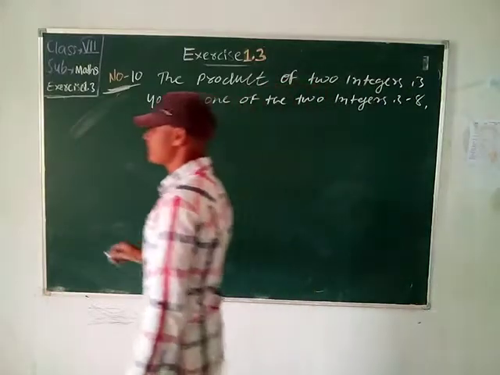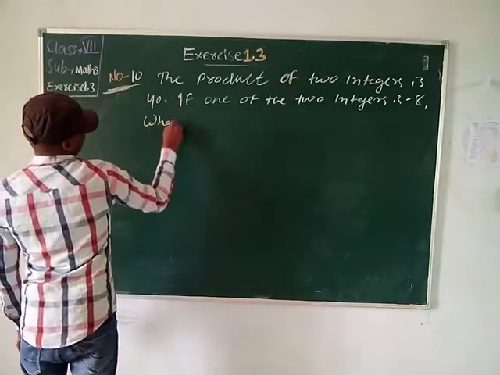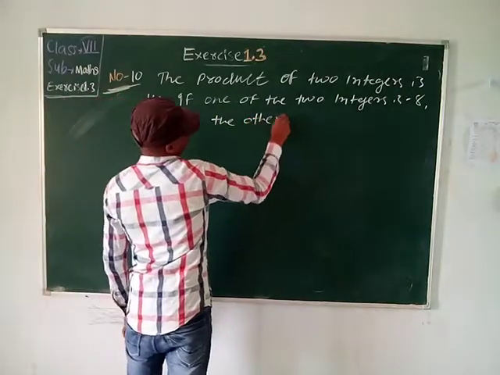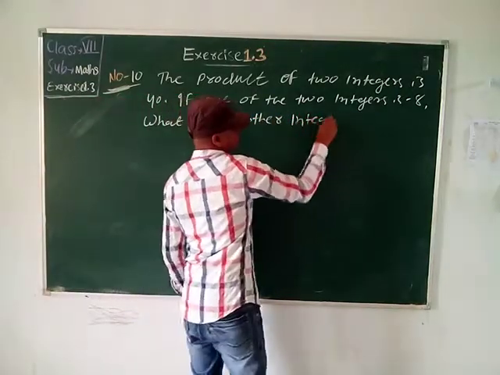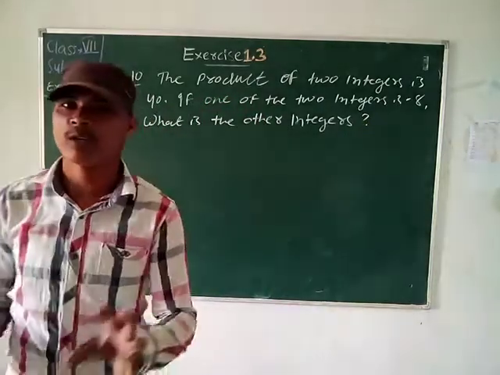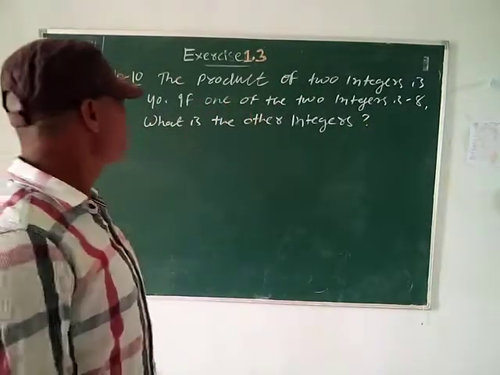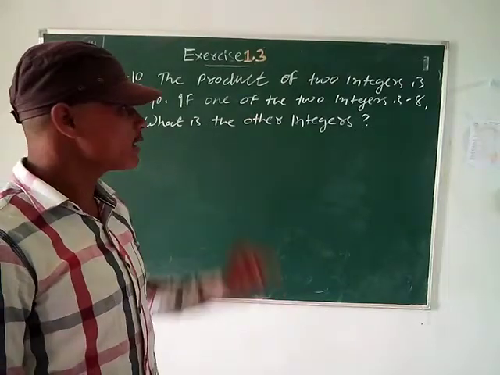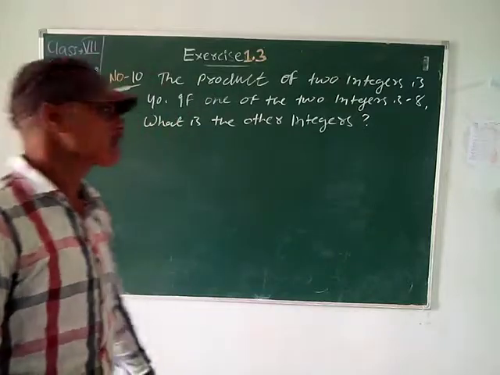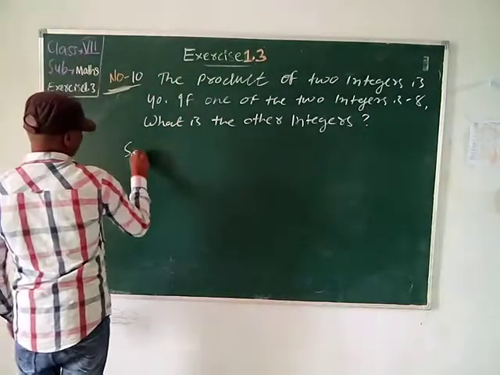Here the question asks about the product of two integers. When we multiply two numbers the answer is 40, and if one integer is minus 8, then we can find the other integer.